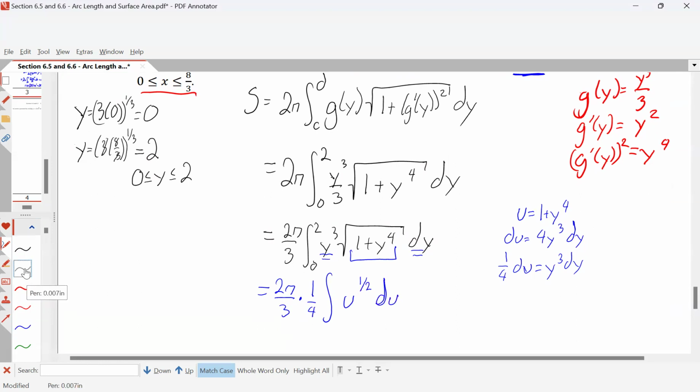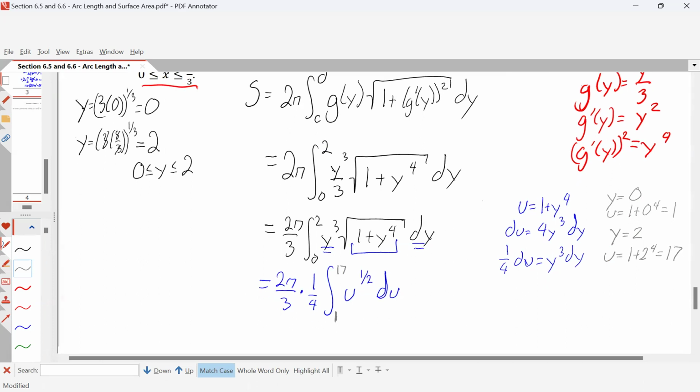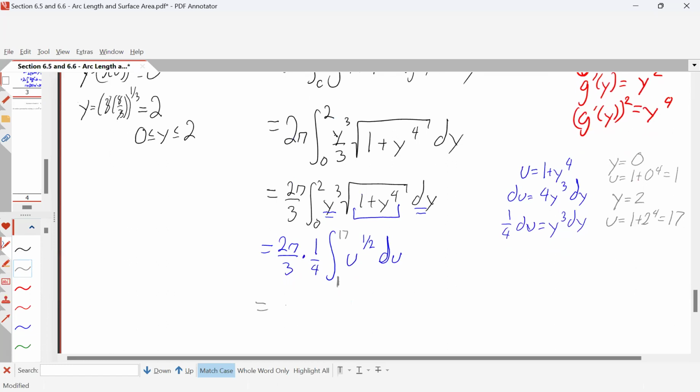When y equals 0, u equals 1 plus 0 to the fourth, which is 1. And when y equals 2, u equals 1 plus 2 to the fourth, which is 17. Making our integral pi over 6 times u to the 1/2 du from 1 to 17.